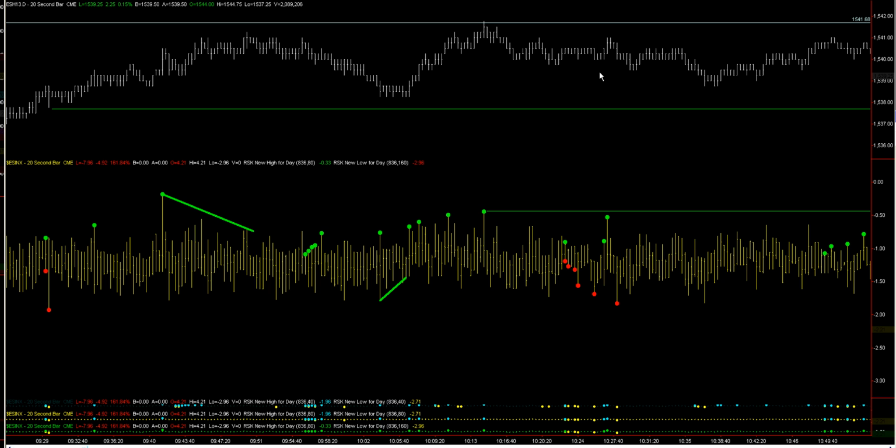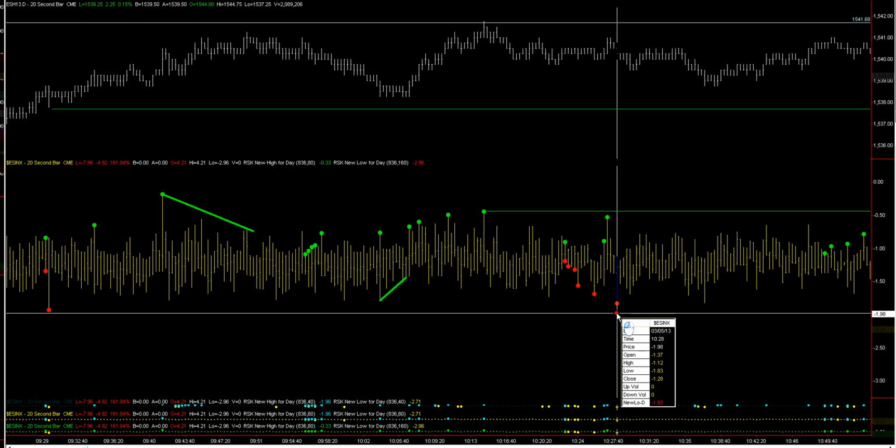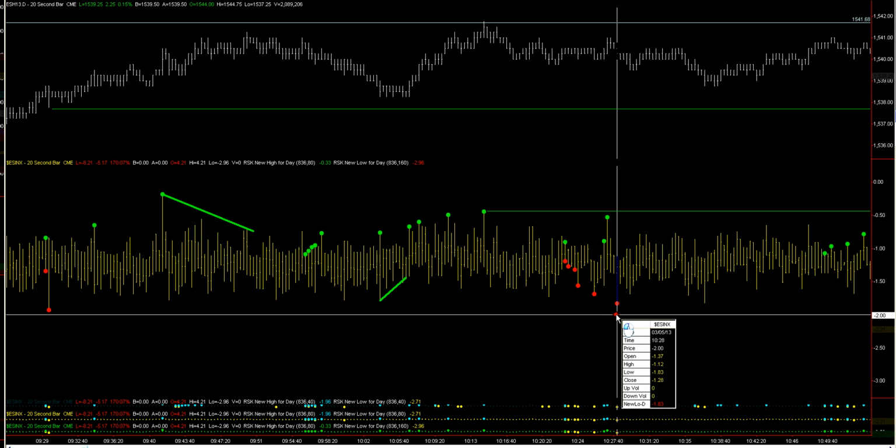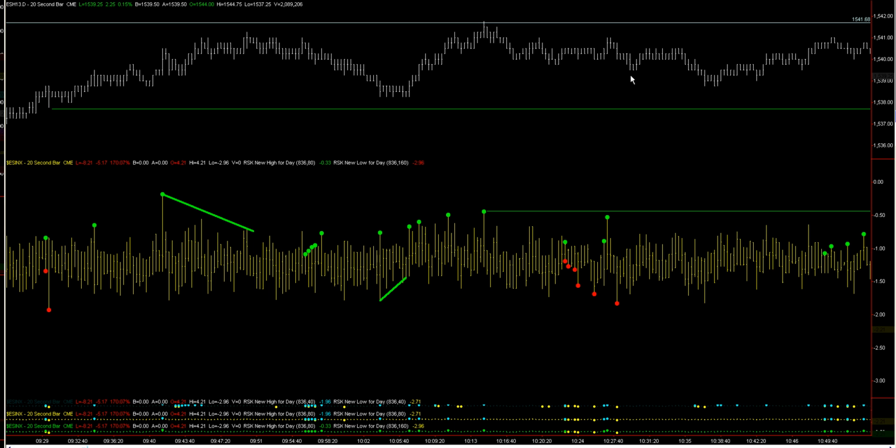Where should you re-enter the trade if you're going long? We know we're going to drop below the price associated here. All right, we drop.